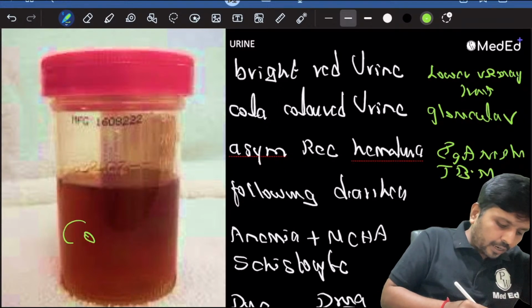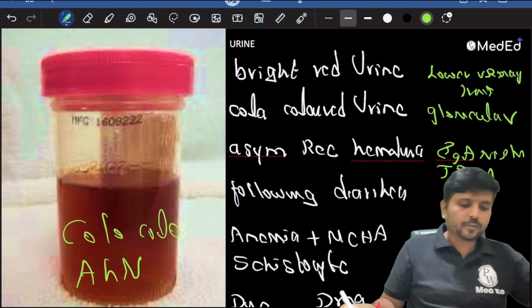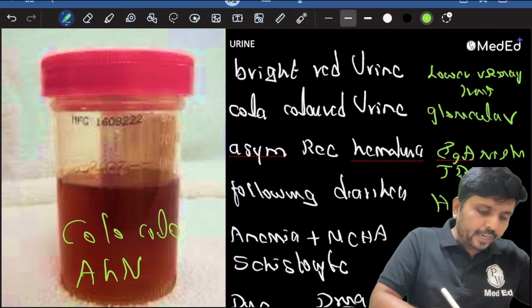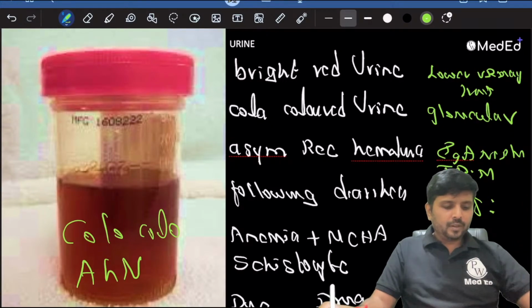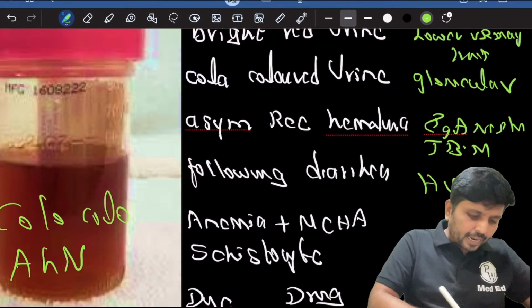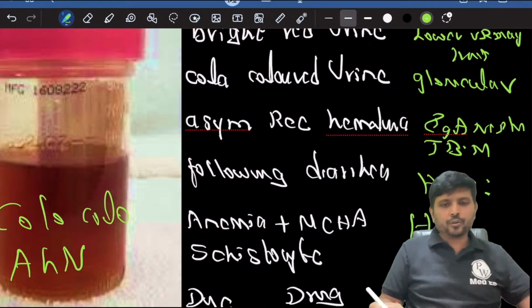Cola colored urine is suggestive of acute glomerulonephritis. When hematuria occurs following diarrhea, it is hemolytic uremic syndrome. Whenever you have a combination of anemia, microangiopathic hemolytic anemia and schistocytes, again hemolytic uremic syndrome.